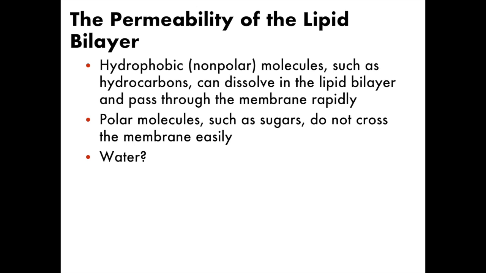Also gases can cross through the phospholipid bilayer, so oxygen gas, carbon dioxide gas, nitrogen gas, all of those can cross that lipid bilayer fairly easily and rapidly. But a polar molecule, like a sugar or an amino acid, cannot get across because it runs into that hydrophobic portion and it's like, nope, not letting you through.